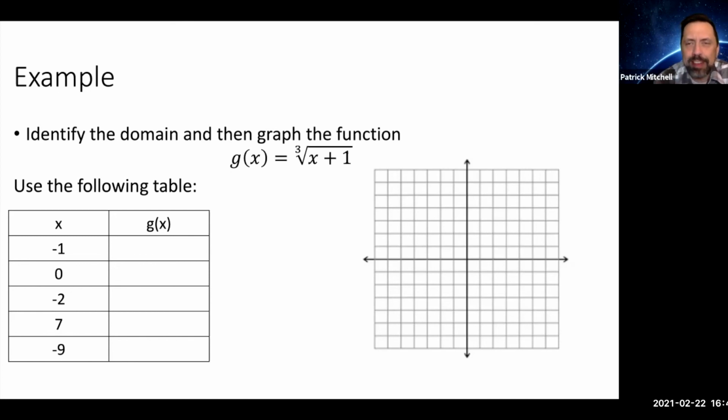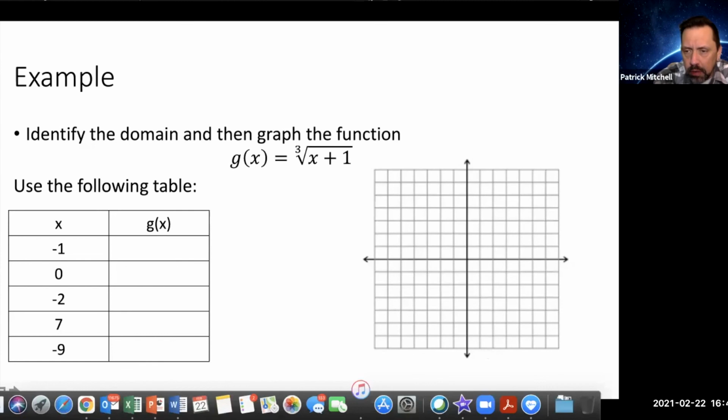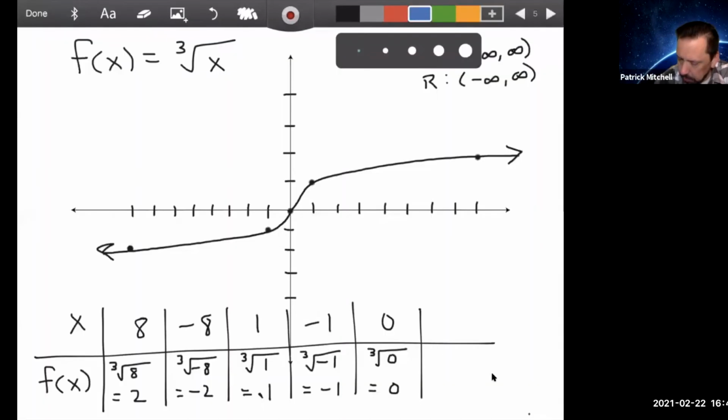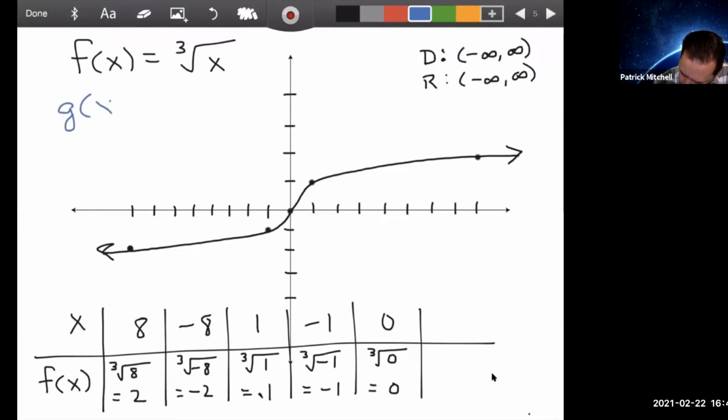Instead of using this table, I don't think that's the best way to do it. I am going to do this based on the graph we just drew. All right, so I will pick a different color, let's say blue, for g of x equals the cube root of x plus 1.